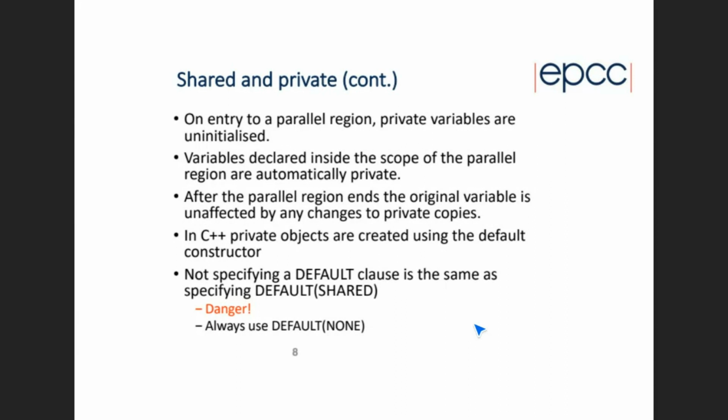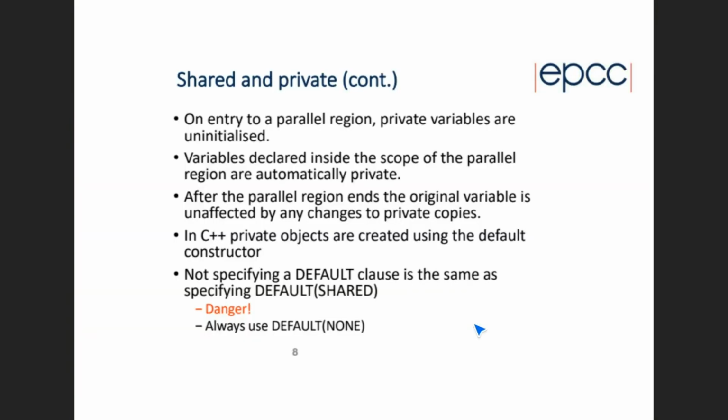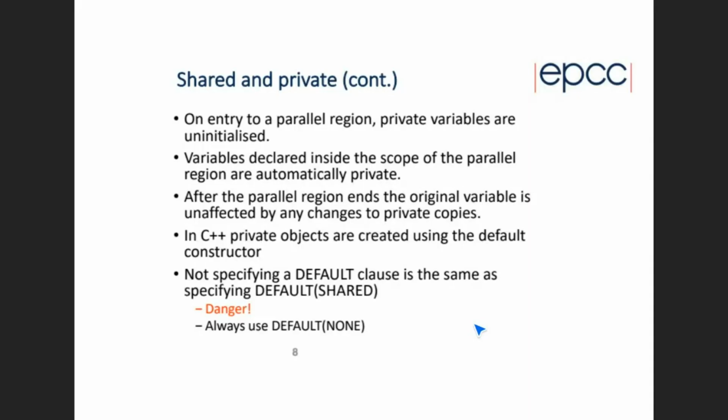If we declare variables inside the scope of a parallel region, those are automatically private. So for C and C++ programmers, another way, and usually a more convenient and sensible way, to create private variables is simply to declare them inside the scope of the parallel region. When the parallel region ends, those private copies disappear.